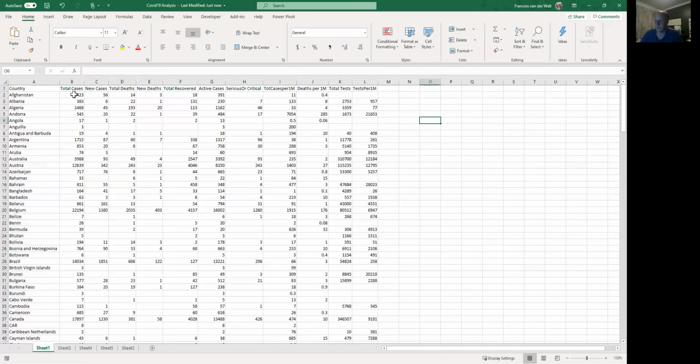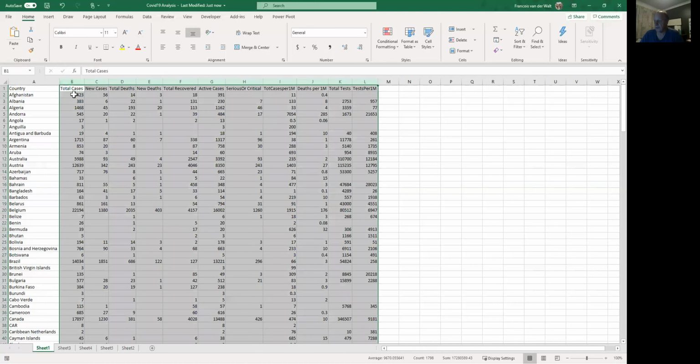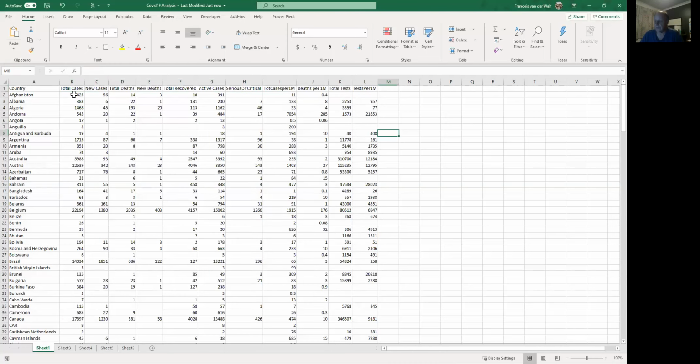can you see that if you want to compare a country with another country, you should only look at these calculations here: total cases per 1 million, deaths per 1 million, total tests, and tests per 1 million. These other ones are relative.